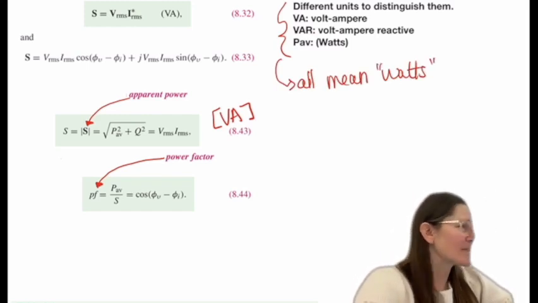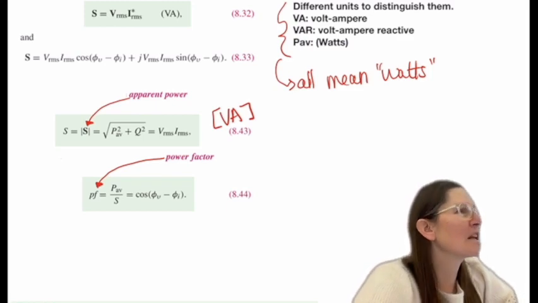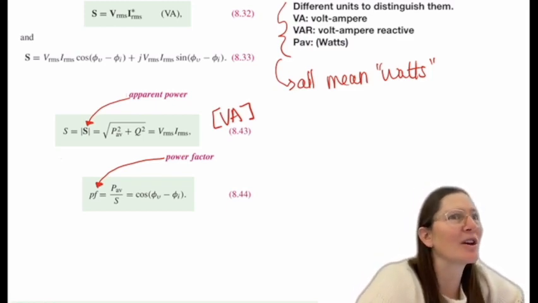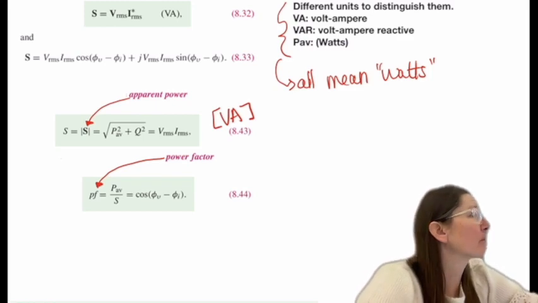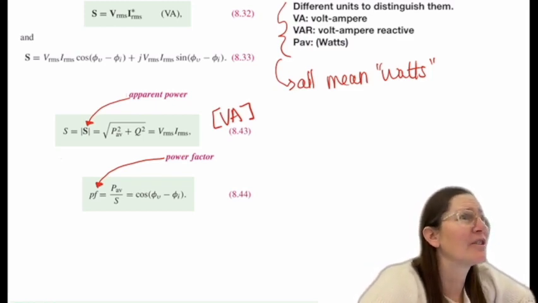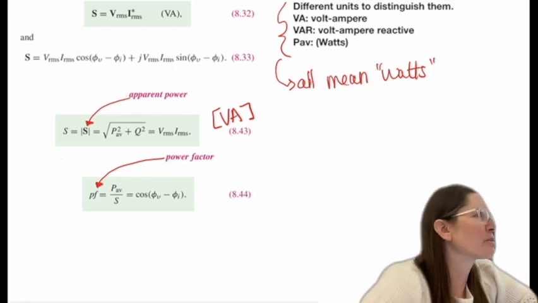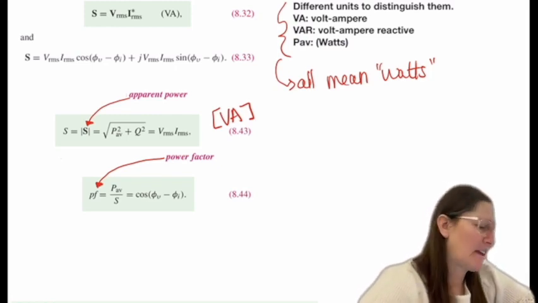So volt ampere is still watts, it's just meaning that it's complex. That's how they denote that there's a complex component to it. So when you see watts, you're thinking, oh, that's the real part, and if you see volt ampere, you know there's a complex portion to it.